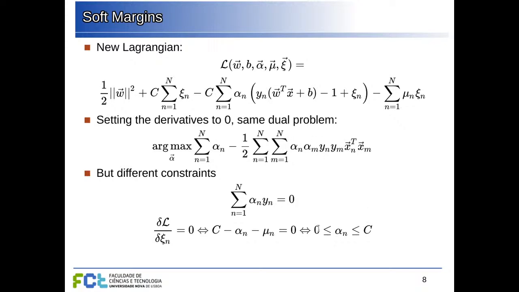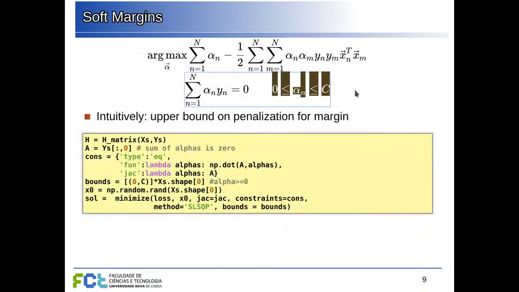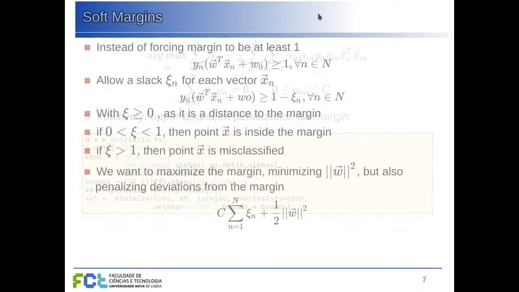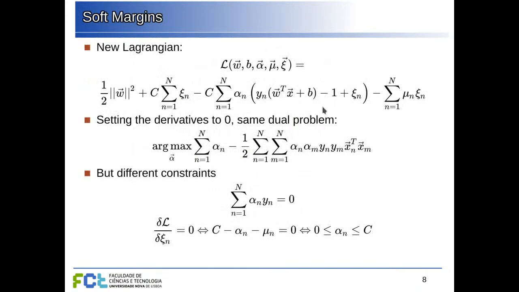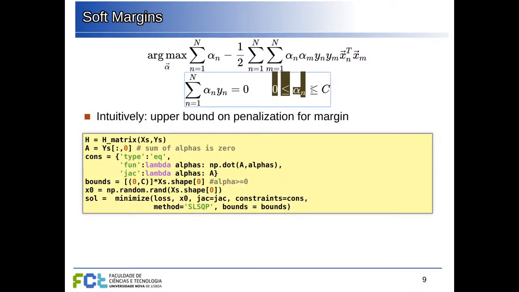So the only difference that we have now is this additional constraint here. Instead of just having alpha greater than 0 that we had originally with the hard margins, we have alpha greater or equal to 0 and less or equal to C. This is the only change.